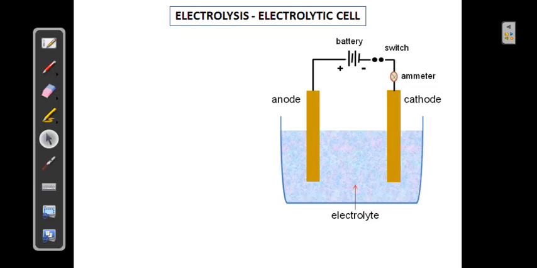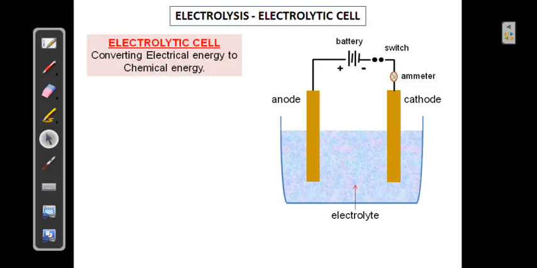Observe them carefully. As you can see, the battery, the switch, the ammeter, the cathode, the anode, and the electrolytes. Because an electrolytic cell is formed to convert electrical energy to chemical energy. That is the purpose. The purpose of the electrolytic cell is to convert electrical energy to chemical energy.